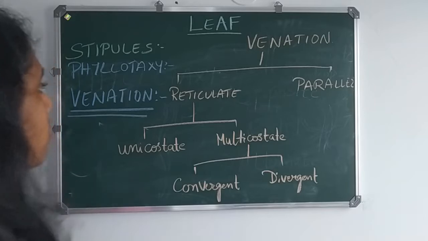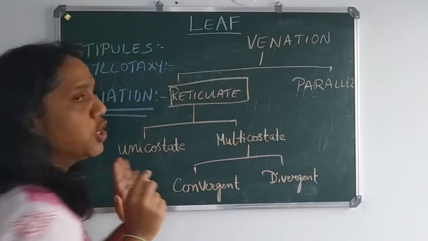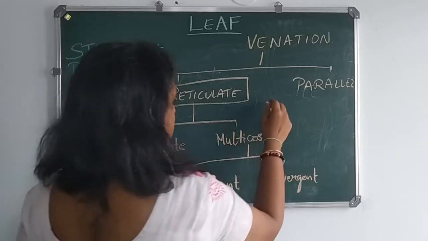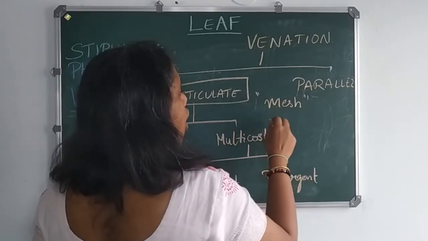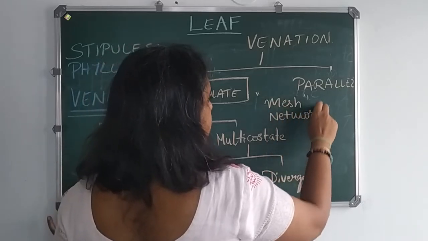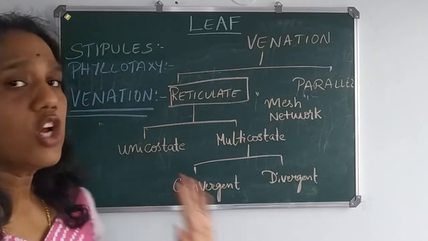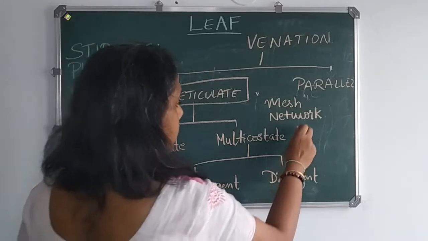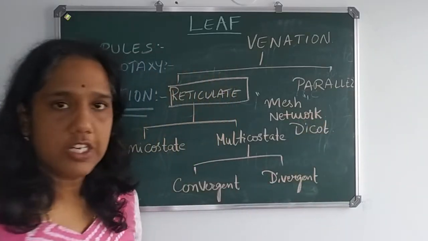So what is this reticulate venation? Reticulate means mesh-like. It is in the form of a mesh, or in the form of a network, which is very common in dicotyledonous plants.